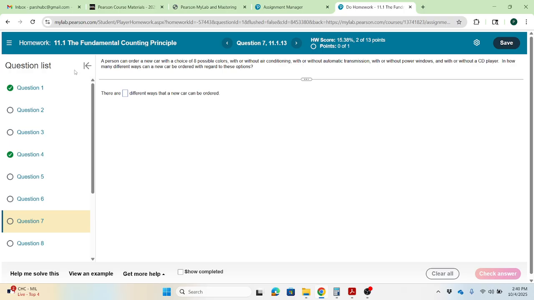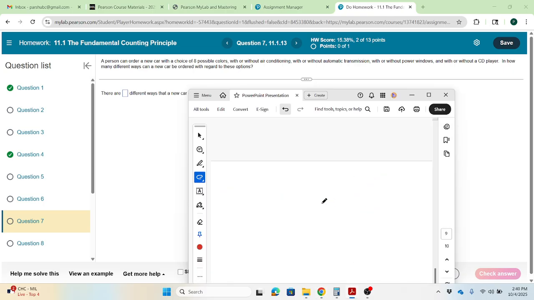A person can order a new car with a choice of 8 possible colors, so there are 8 possible colors, times with or without air conditioning, so there are 2 possibilities, times with or without automatic transmission, 2 possibilities, with or without power windows, 2 possibilities, and with or without a CD player, 2 possibilities.